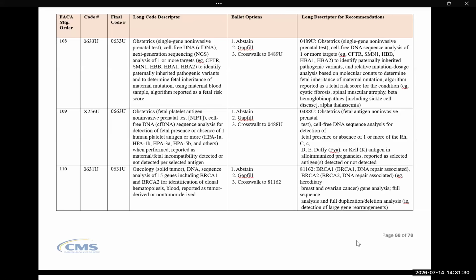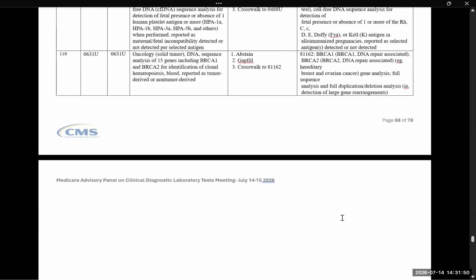That's a good point. I believe you are correct, Heather, that there should be additional codes from the public recommendations. If we could, well, let's check on those.